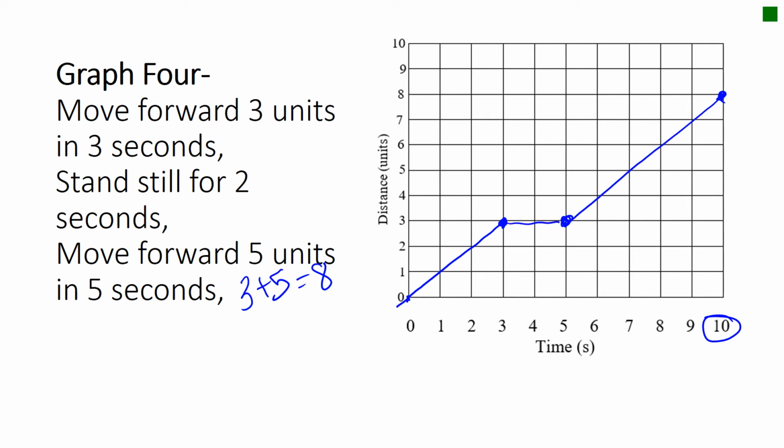Okay. And then what I want you to note is between A, B, and C. At A and C, we are moving away. And at B, you are standing still.